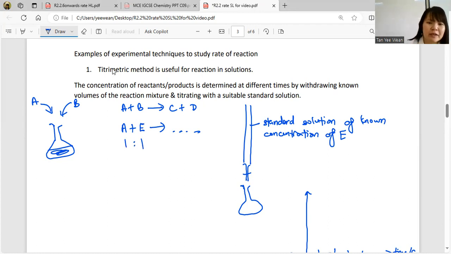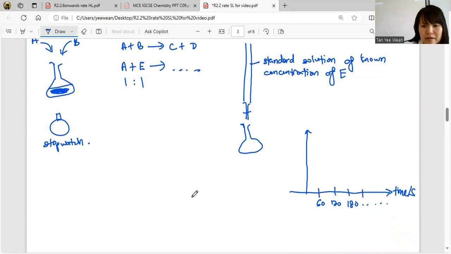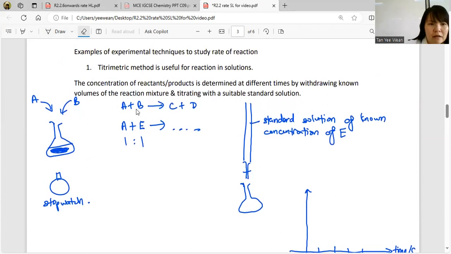Okay, so what you're going to do here is add in the A and the B, let it react, have a stopwatch. And when it reaches 60 seconds, you have to draw out some of the reaction solution, and you have to stop the reaction.